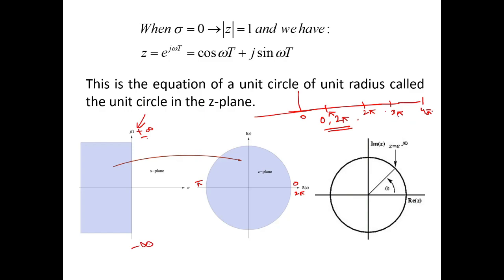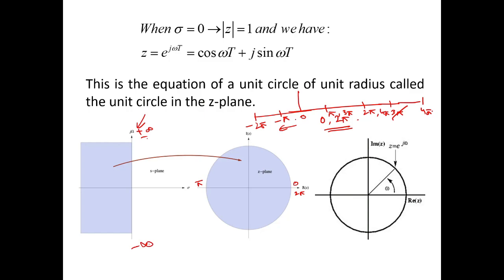But 3 pi is nothing but pi, and 4 pi is nothing but 2 pi. Similarly, if you go into the negative, you get minus pi and minus 2 pi. Both are the same here. So pi is also minus pi, and 2 pi is again minus 2 pi.